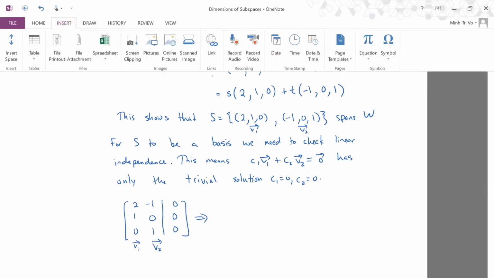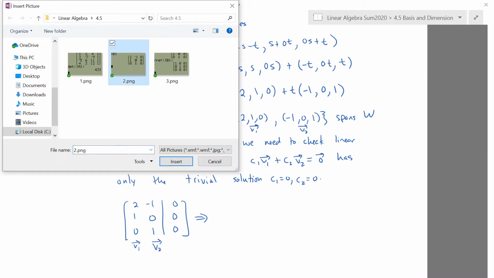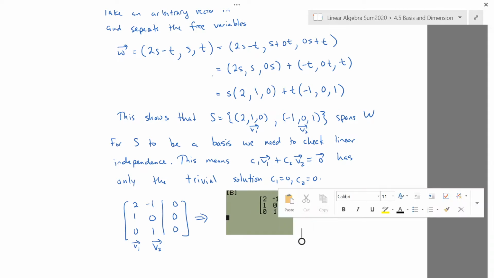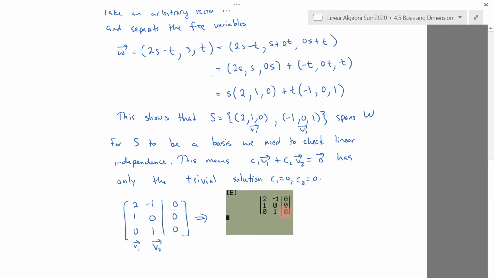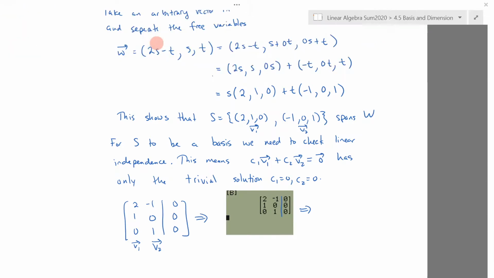Okay, so I calculated this previously, right? So this is our augmented matrix. And so we take the row reduced echelon form.